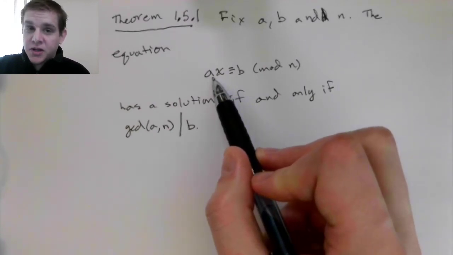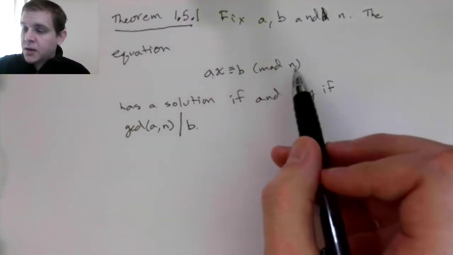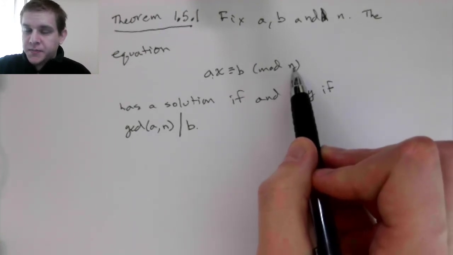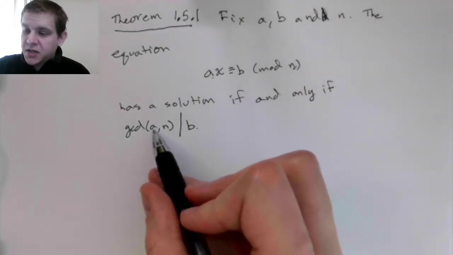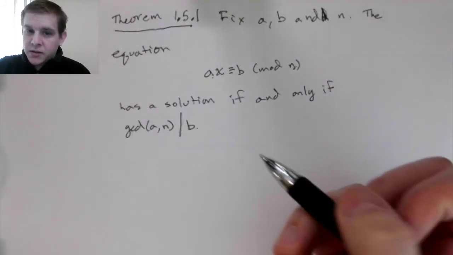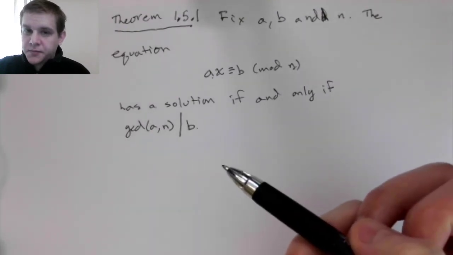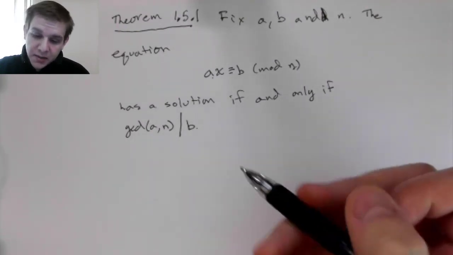It's the multiplicative part of the equation. And n is the modulus. So I need the thing I'm multiplying by, when I take its GCD with the modulus, to divide B.